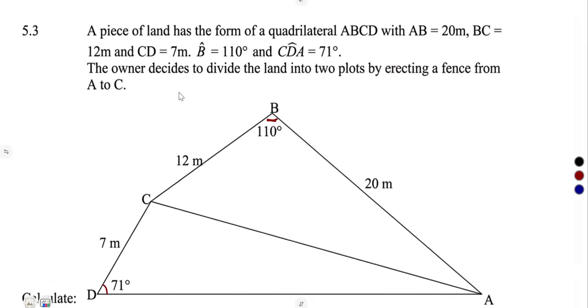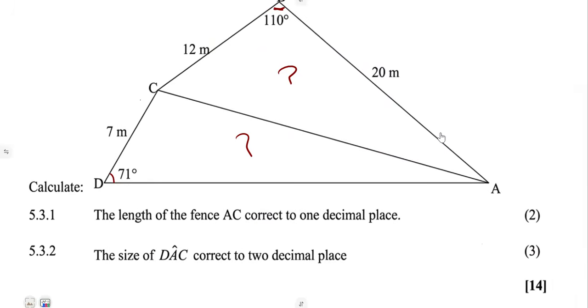The owner decides to divide the land into two plots by erecting a fence from A to C, so that there is a plot here and a plot there. All right. So this is what we are given.